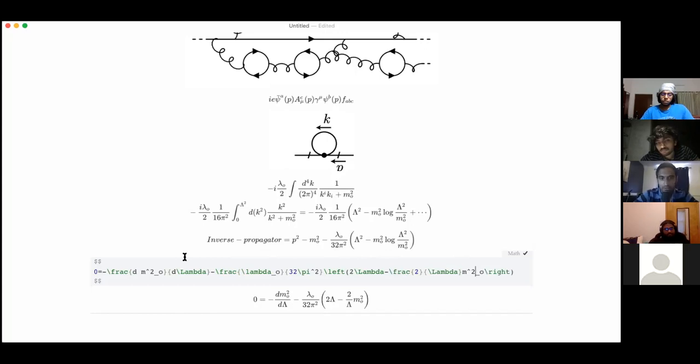So from here, we're interested in the logarithmic divergence of m squared, as in the lambda d lambda.